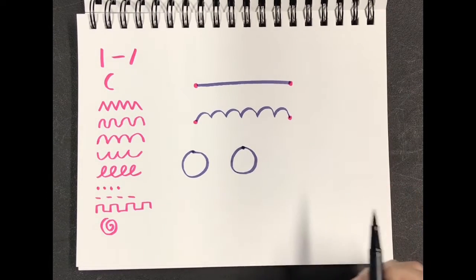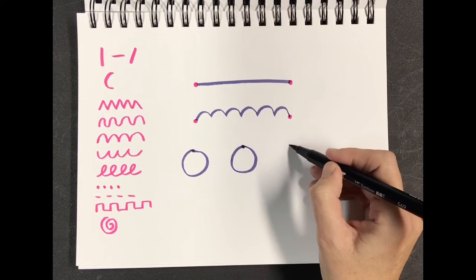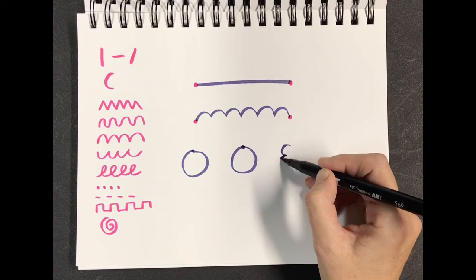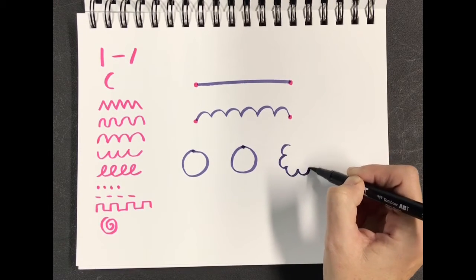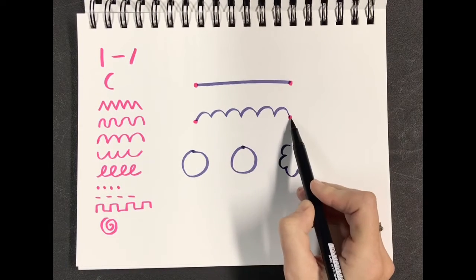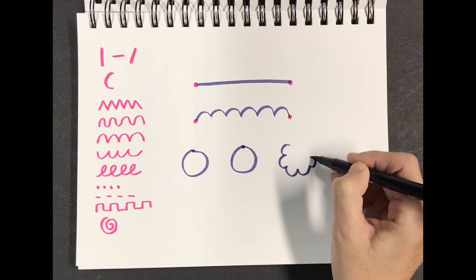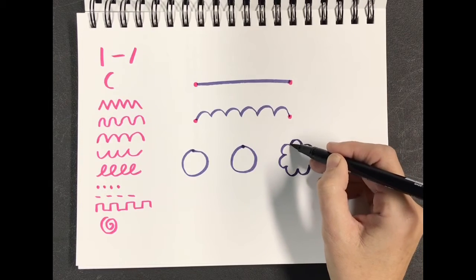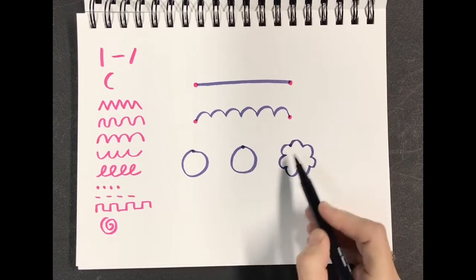Okay? If I wanted to make a cloud, I could go like this, bumpy. But my start has to meet my stop. Bumpy. There it goes. And now it's closed.